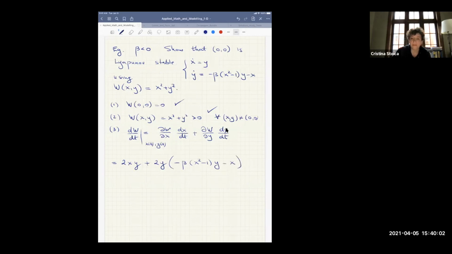Okay. Which is 2xy minus 2 beta y squared (x squared minus 1) minus 2xy.